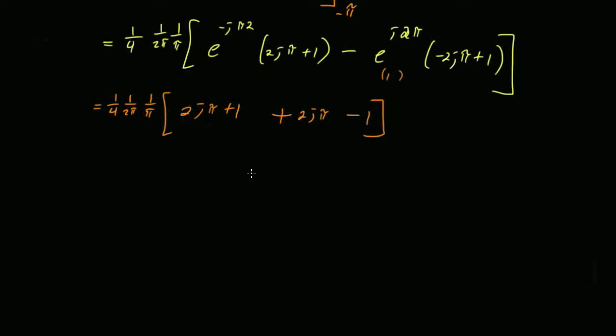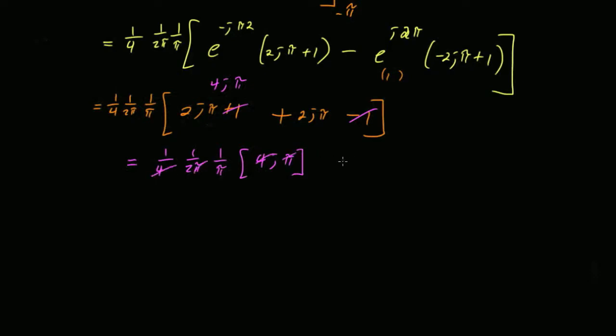Okay, so once again, my 1's cancel. And in the parentheses, I'm left with 4j pi. So my final answer is, let's see, the 4's cancel, the pi cancels. I'm left with j over 2 pi.